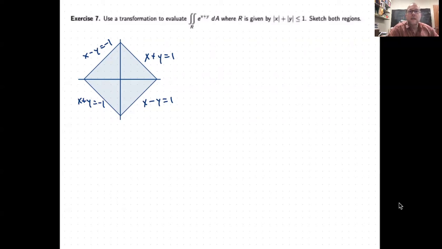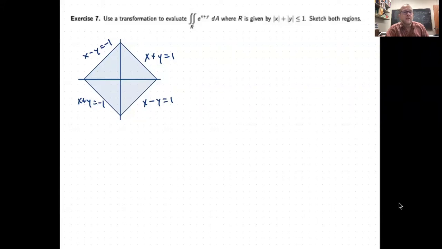So when we say the absolute value of x plus the absolute value of y is less than or equal to 1, of course, to get the edges, you want to draw the absolute value of x plus the absolute value of y is equal to 1. So what that means is that your x or your y, either one could be negative or both could be negative.